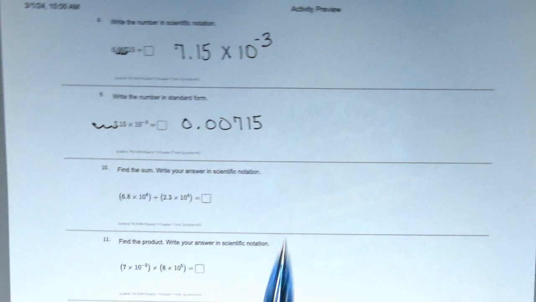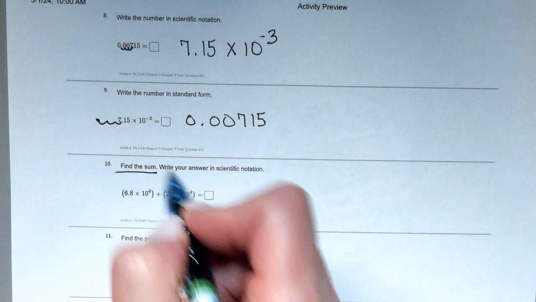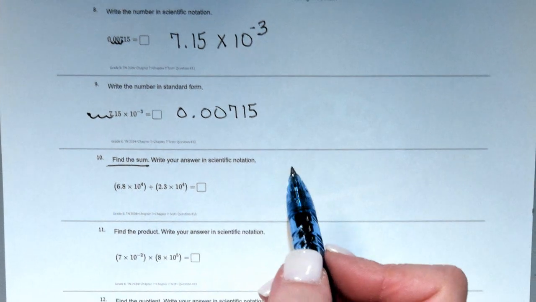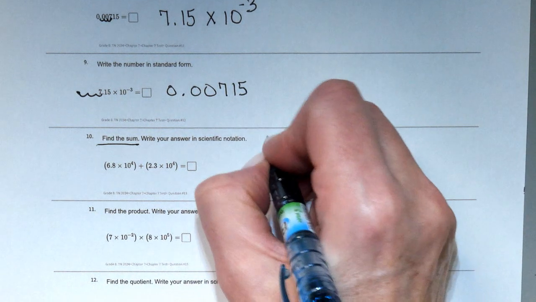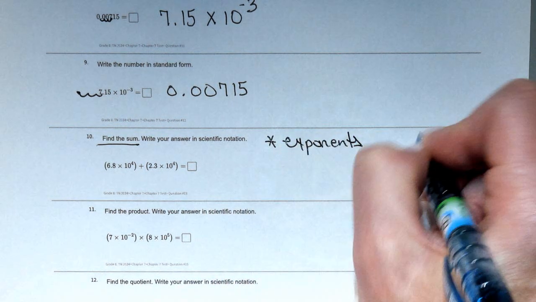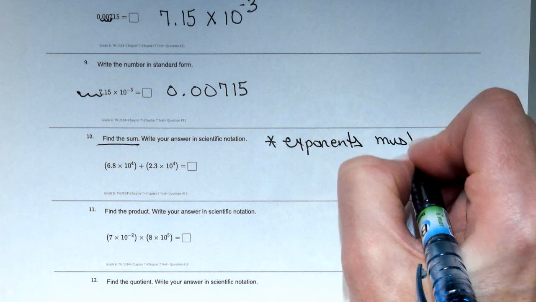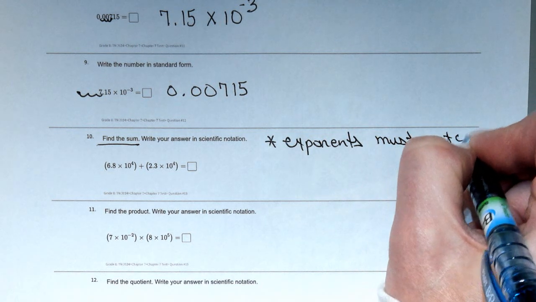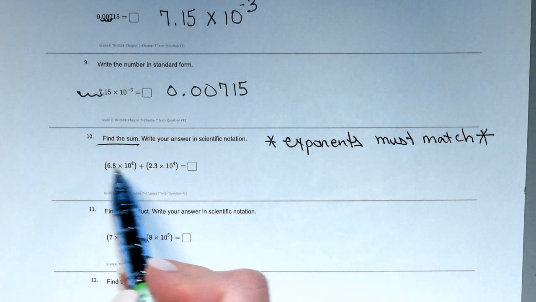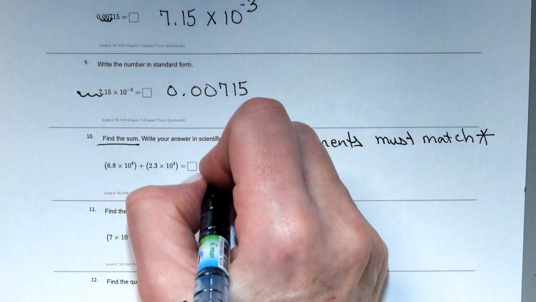All right, number 10 said find the sum, and it had the addition sign. Write your answer in scientific notation. We know that the exponents must match, and they did, so you didn't even have to work at that. So all I'm going to need to do is add the 2 front numbers here, these coefficients.